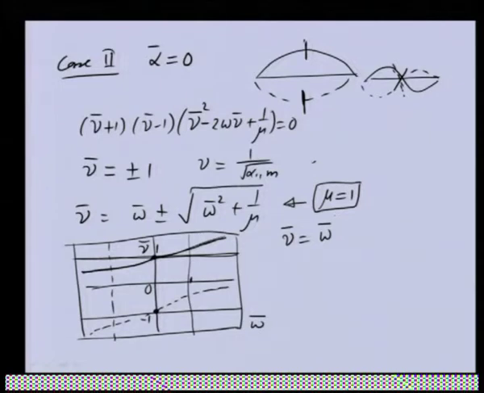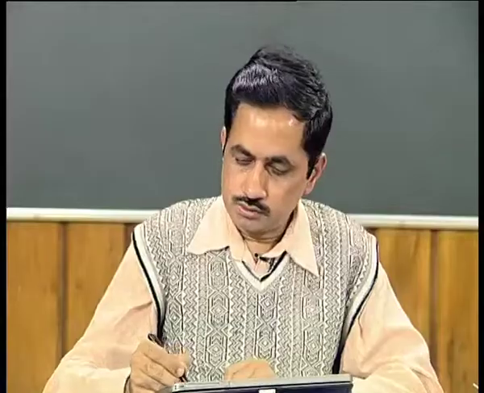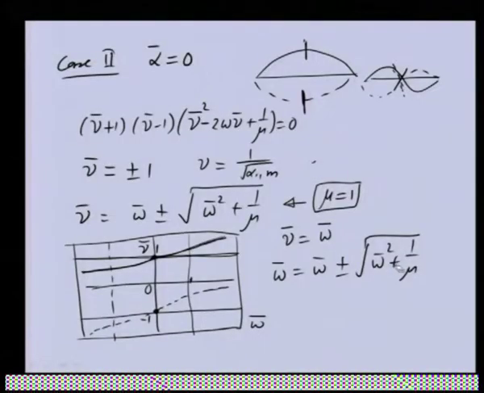So if we substitute nu bar equal to omega bar in this expression and solve for omega, we get omega bar equal to plus minus the square root of omega bar square plus 1 by mu. If we solve for omega, we can get the critical speed.